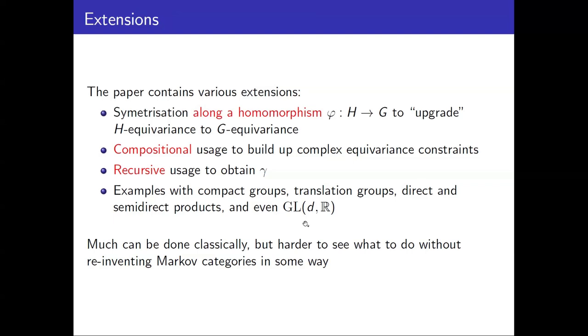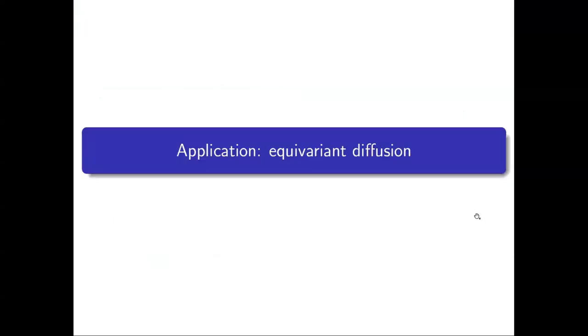It even goes so far as to give you a way to get equivariance with respect to the full general linear group, which is kind of crazy, right? The full set of invertible matrices. It gives you a concrete procedure that you can implement, which is in the paper. That will give you a neural network that is equivariant with respect to any invertible matrix applied to the input and output, which is surprising.